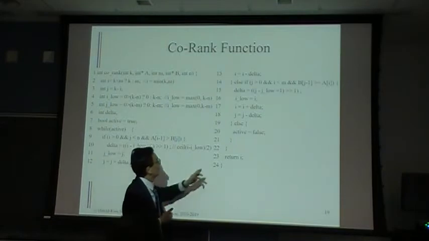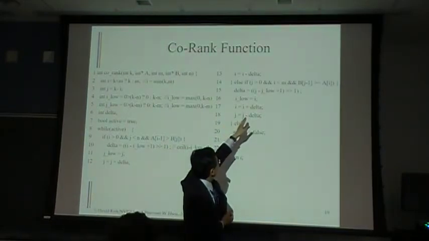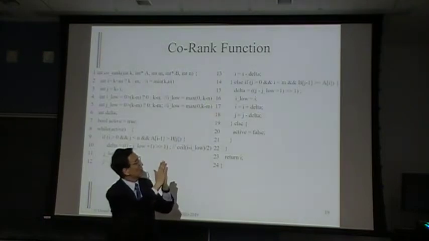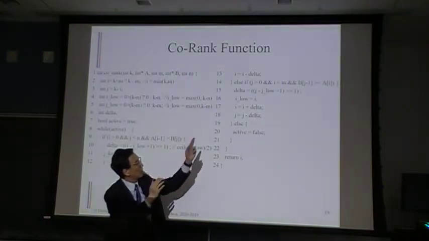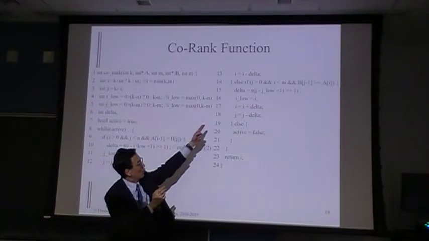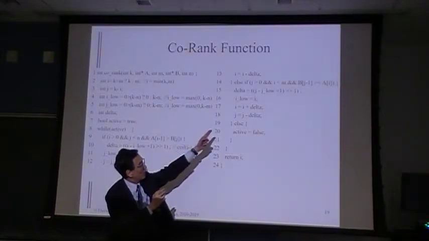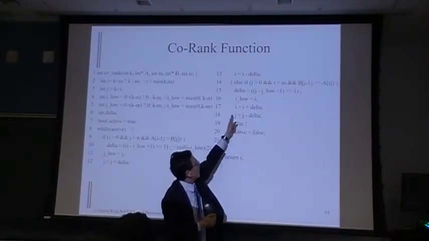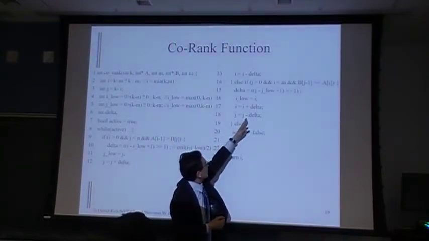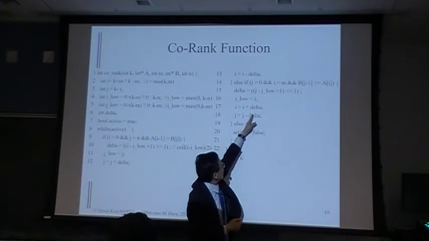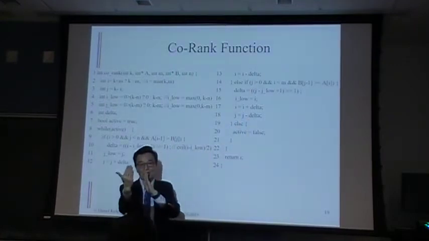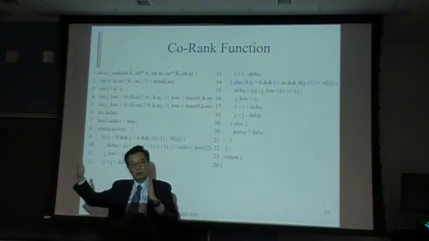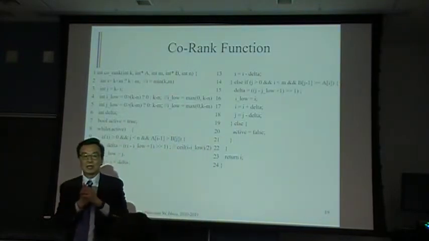So the way we do this is I low becomes I, so the window will be shifted up by replacing the original low value with the I value, and then I will be increased by delta, so that I will go up, and then the J value will come down, so J will be reduced, but J low will remain the same.